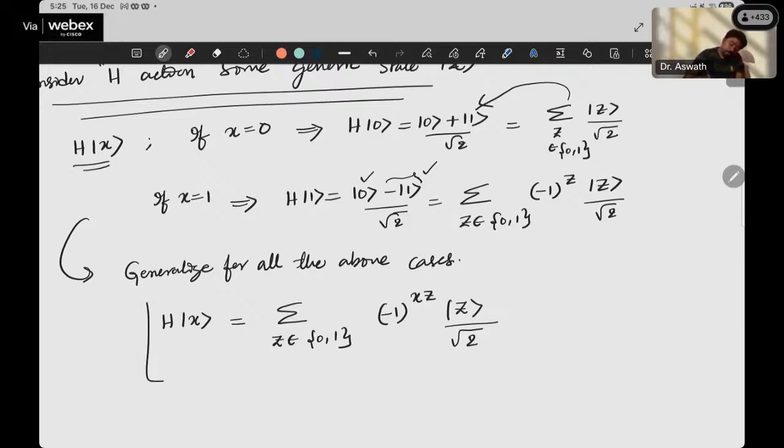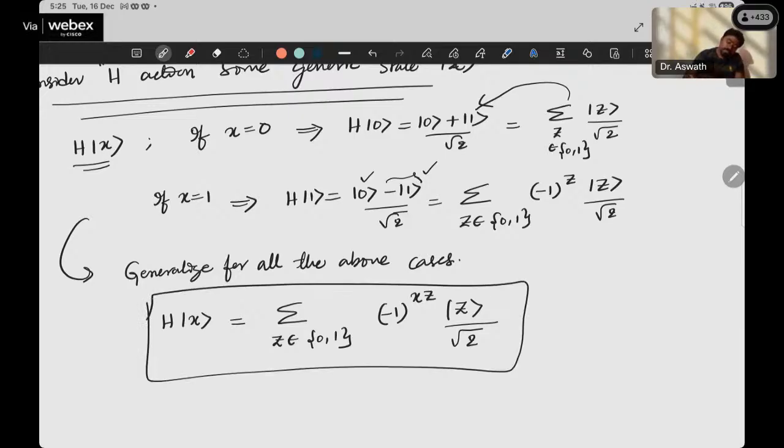This is what I am going to do. Now, when x is equal to 0, I'll get the first. When x is equal to 1, I'll get the second. So both the above cases are incorporated in Hadamard acting on some generic x.